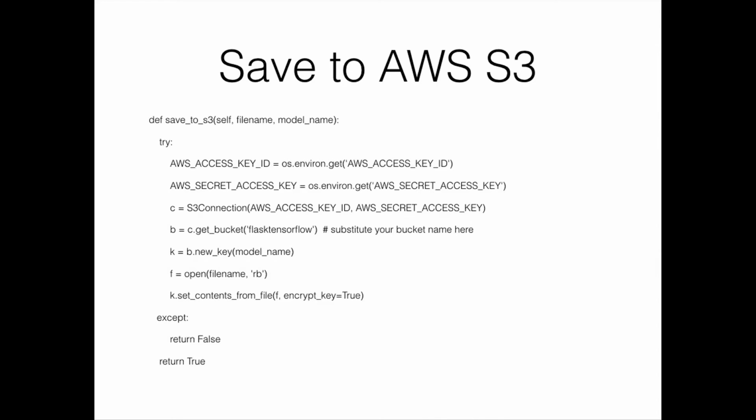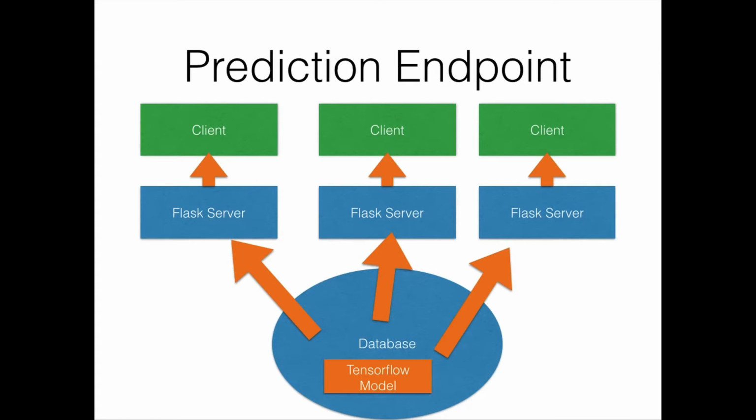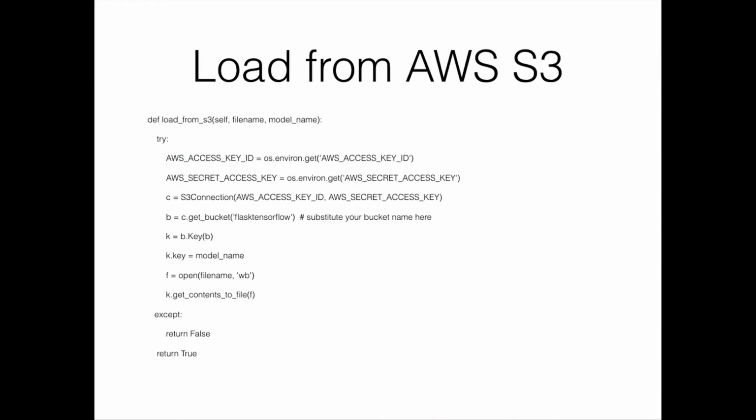On the other side, we have to get the model after it's saved. If we have other servers running prediction, we need to get the model from S3 and load it back into TensorFlow to run. So here's our load from S3 file. Again, we have to do setup: the AWS access key, secret key, connection, and getting the bucket are the same.